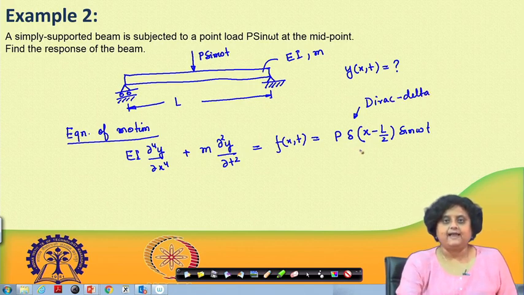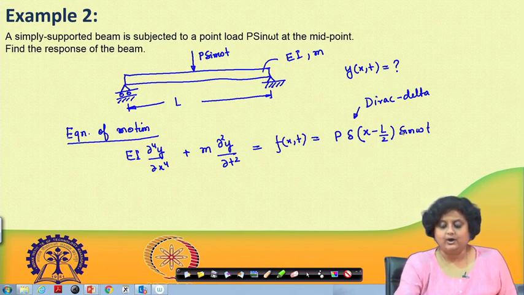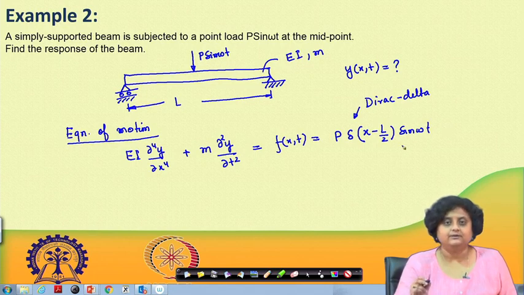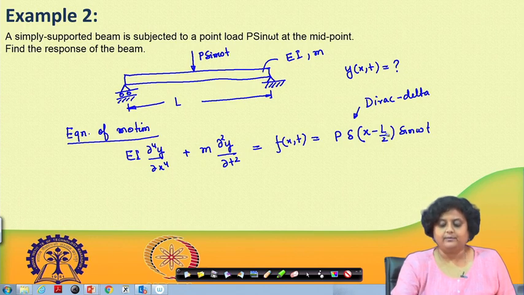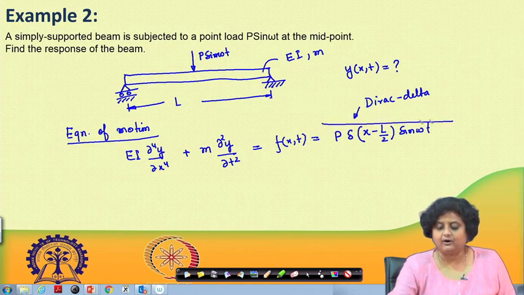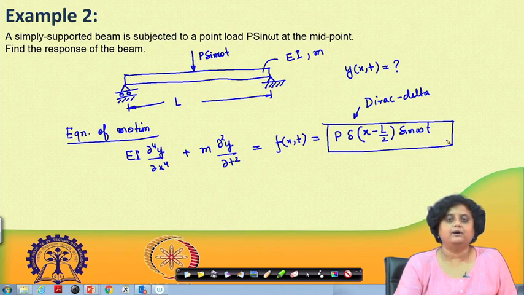This delta x minus L by 2 denotes that this entire force is acting only at x equal to L by 2, because the Dirac delta function by definition is 0 everywhere except at x equal to L by 2. So, this therefore is a correct expression for the midpoint sinusoidal load being applied to the simply supported beam.